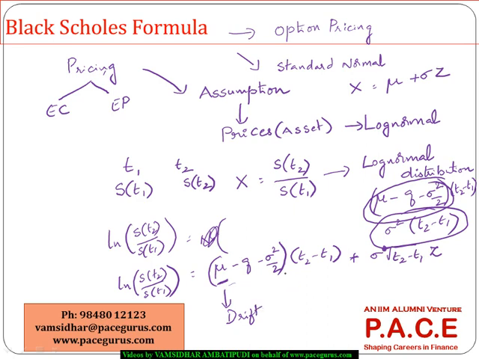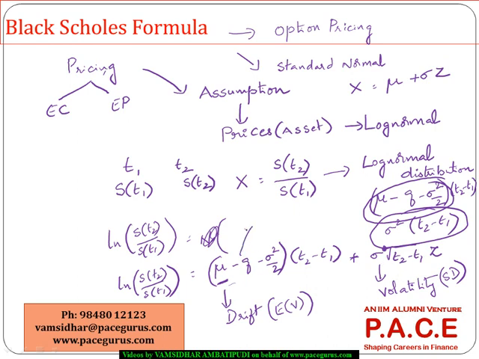and sigma is called as the volatility of the price of the underlying asset, and probably here we could look at the drift is nothing but the expected returns or the expected value of the returns of the underlying asset and this represents the standard deviation of the returns of the underlying asset.